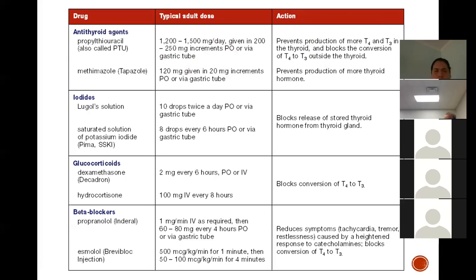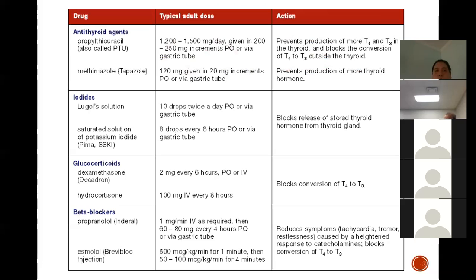So in pregnancy, the first trimester, actually, methimazole is teratogenic. So a teenage child who's being treated for Graves' disease would actually come off their methimazole and go on to PTU. And then in the second and third trimester would typically be transitioned back to methimazole.